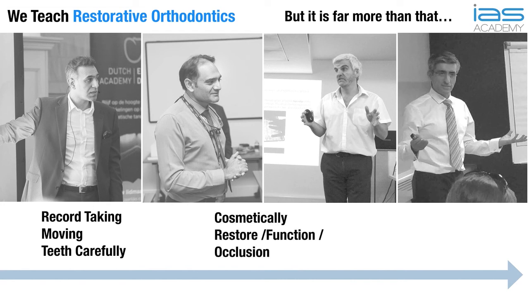Yes, you need to be able to restore them cosmetically, but restore them for function and occlusion, not just for aesthetics. And our most important ethos and our most important mission really is to make sure that it's not just about sticking a retainer on, but you are setting the teeth up in a way, and you are taking the responsibility for the case to try and protect and keep those patients' teeth for life. So by doing this treatment, you're not just making them look better, you're helping them keep their teeth for life. That's the goal of IAS.